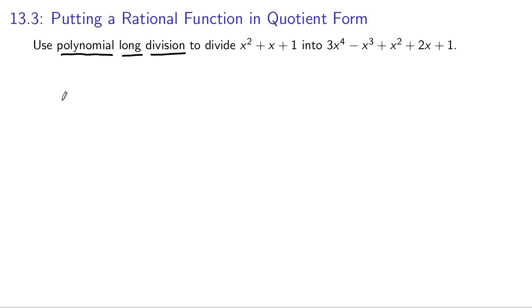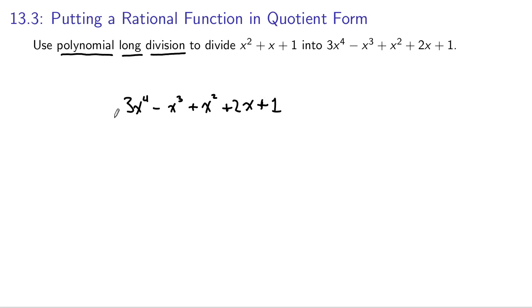So, to divide x squared plus x plus 1 into 3x to the fourth minus x cubed plus x squared plus 2x plus 1, we write our numerator down, 3x to the fourth minus x cubed plus x squared plus 2x plus 1.